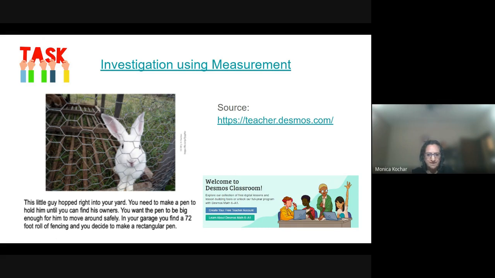So how can I do that? Can anyone tell me which concept this is based on? The 72-foot roll of fencing is there and I want it to become as big as possible and it should be a rectangle. What is this based on?